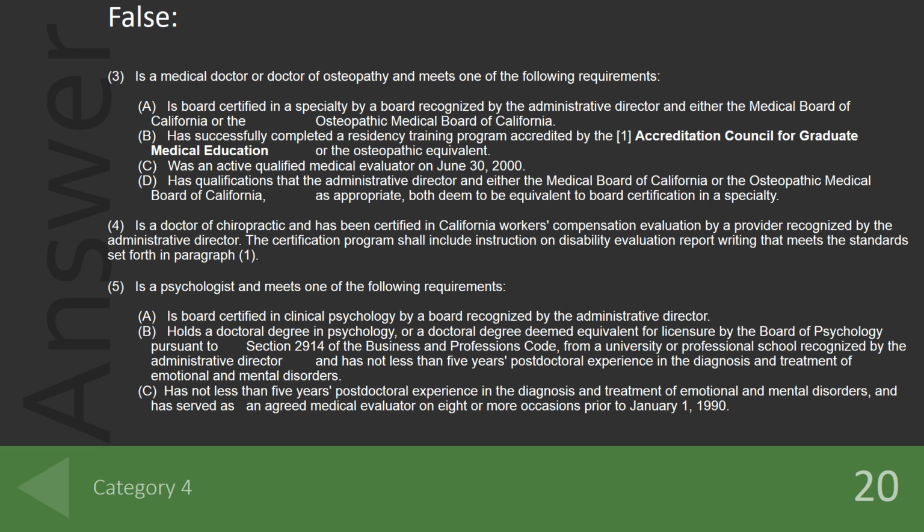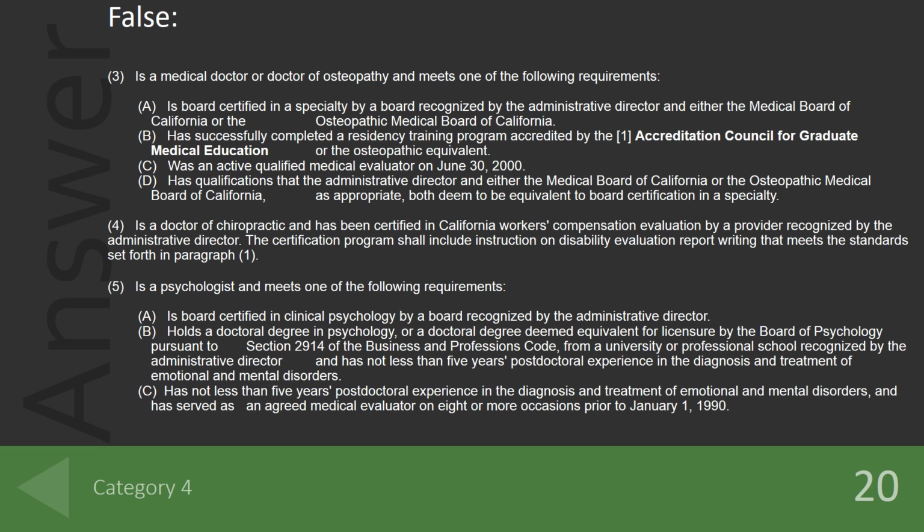Chiropractic doctors are required to become certified in California Workers' Compensation evaluation by a provider recognized by the administrative director. And I myself am a chiropractor, and I know that when I became certified in California Workers' Compensation, I took a course through what was then known as the Los Angeles College of Chiropractic.